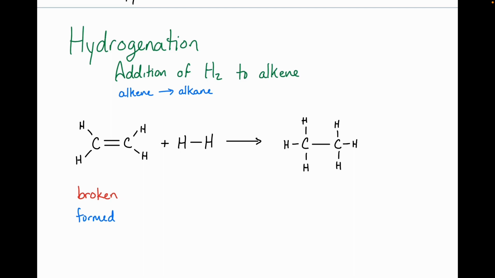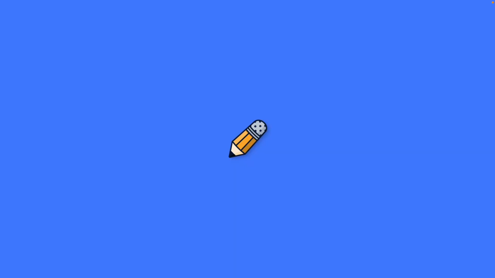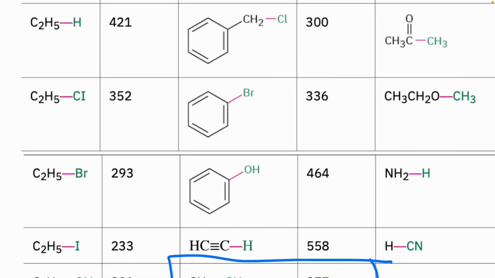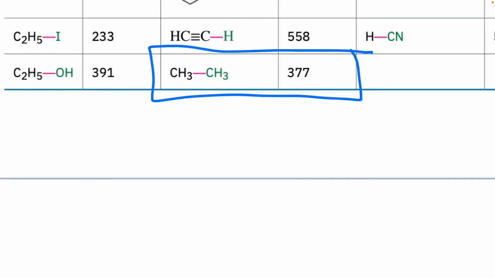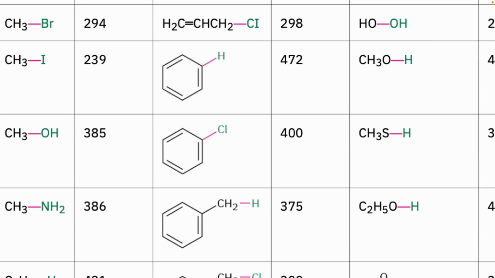All right, so we got to break our alkene bond and our hydrogen-hydrogen bond. We're going to reform that sigma bond between our two carbons, and now we got two new carbon-hydrogen bonds. All right, so these are what we're going to have to look up on that chart here. Okay, our chart's kind of big, so let me go to the top first.